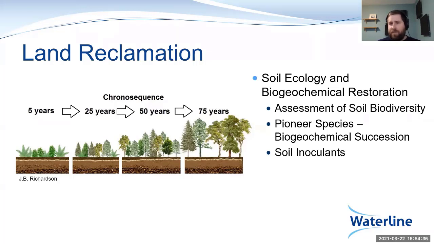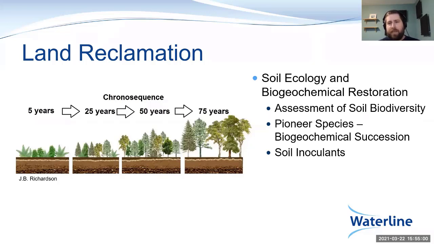The research has largely been done on pioneer species, understanding how nitrogen fixing species are important at the early stages of ecological restoration to put nitric acid into the soils to help bring the soil pH down, so that other native plant species can establish.